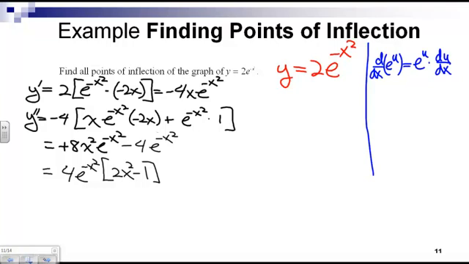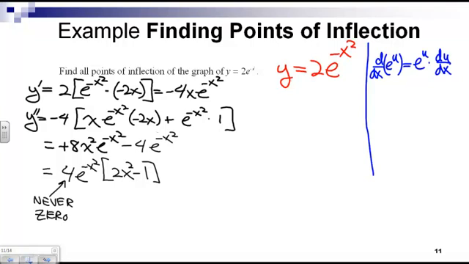It's where the second derivative changes from negative to positive or positive to negative, and that tends to happen where the second derivative is 0. Now, this expression here, 4e to the negative x squared, is never 0. It approaches 0, but it never gets there. So all the zeros are going to be on the other things, the things that are left over.